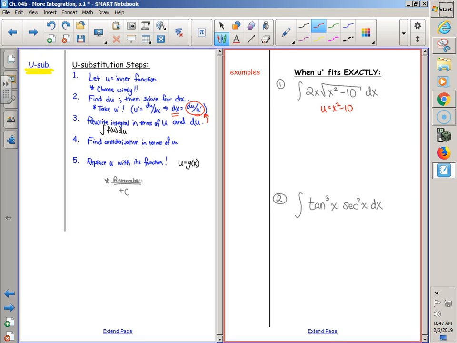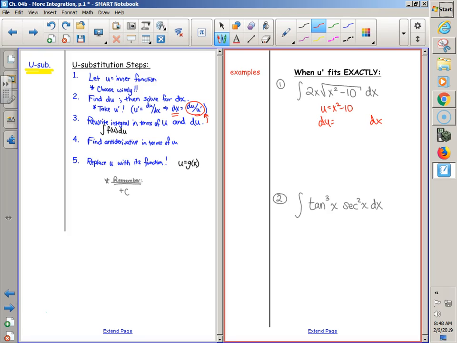Well, if u is equal to x squared minus 10, we could write right now du/dx, which is u prime, equals 2x. And then we could multiply both sides by dx. But do you guys get that we're always going to be multiplying the other side by dx? It's a shortcut. If you just say, oh, the derivative of u is 1 du, dx I'm sending to the other side.